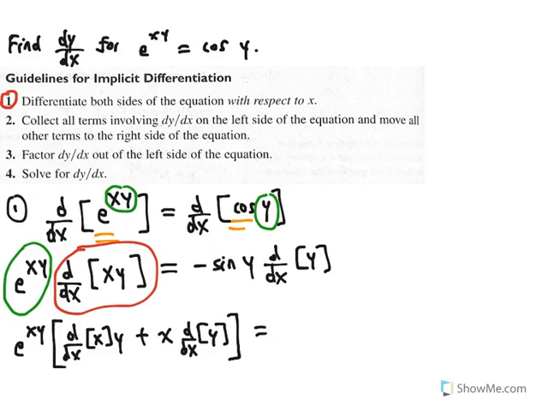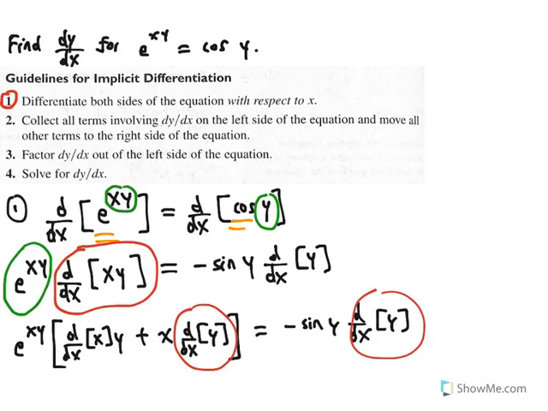And then on the right side of the equation, we have negative sine y times the derivative with respect to x of y. And here's what you need to understand. This is actually what we're looking for. The derivative of y with respect to x is dy dx. So in our next line, we do the following. We have e to the xy times the derivative with respect to x of x is 1.